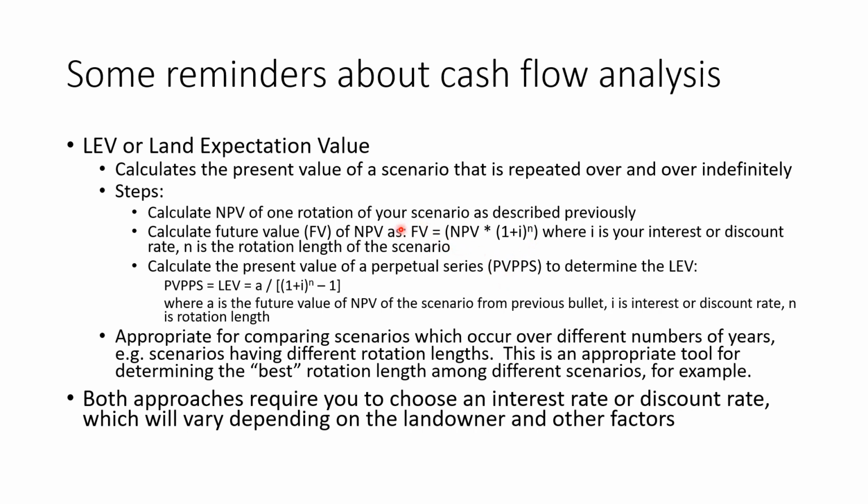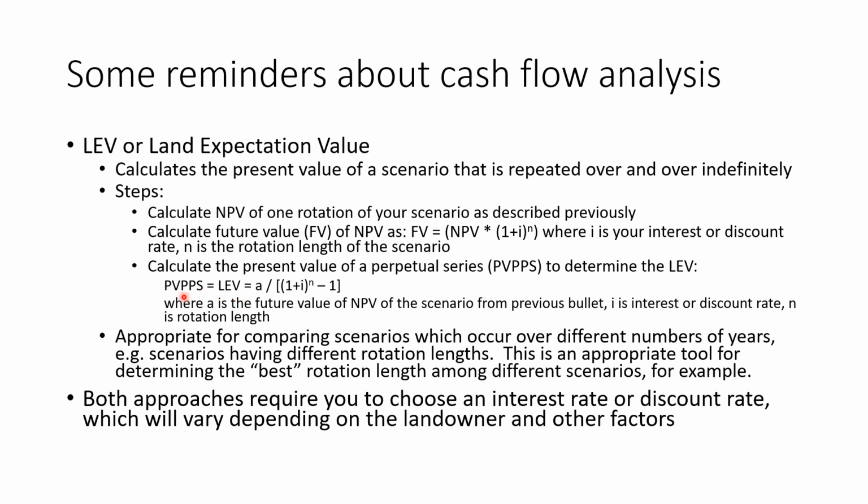And then you take this value and plug it into this formula where this future value is A. You divide A by this number, 1 plus interest rate raised to n, which is the length of your scenario or your rotation length, minus 1.